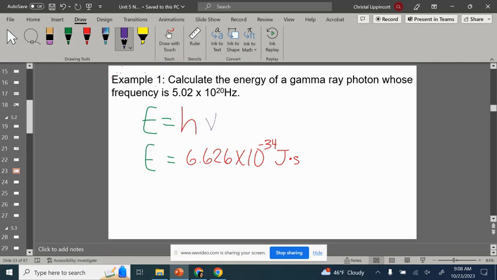Now, remember we can change hertz into what? 1 over seconds. 1 over seconds, right. So we're going to change this to 1 over seconds. So I'm going to multiply this by 5.02 times 10 to the 20th, 1 over seconds.